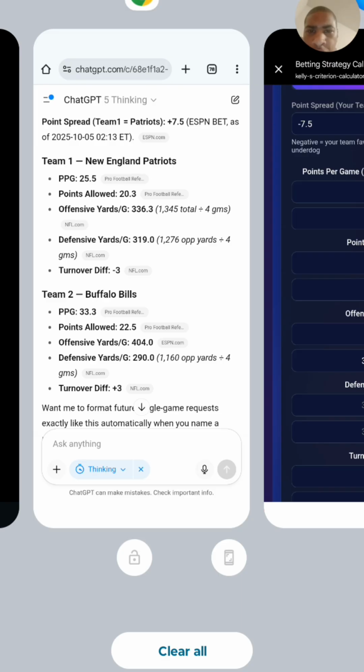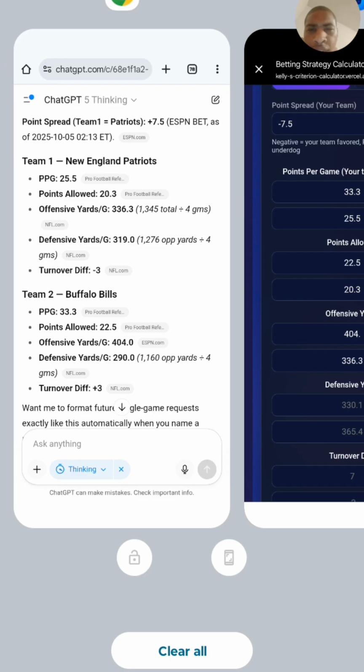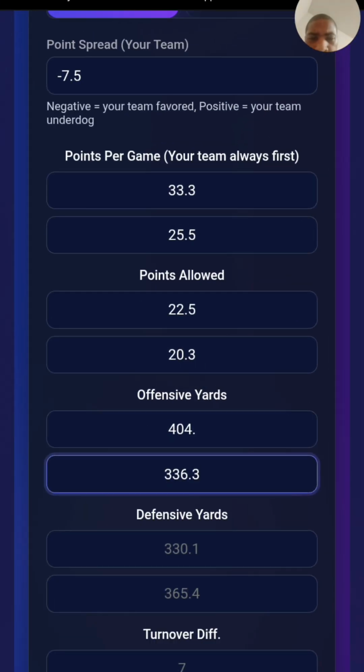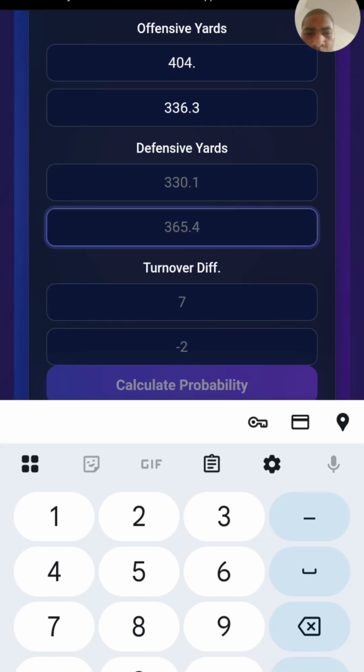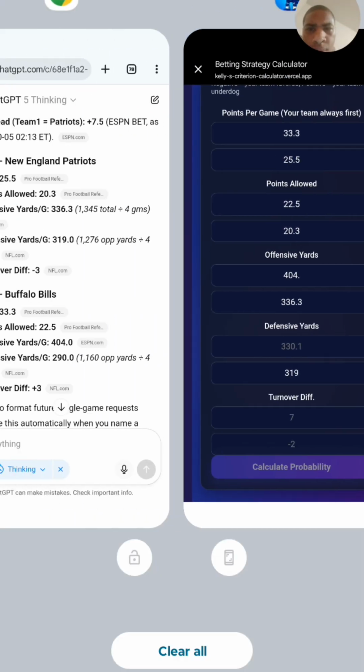And 404. Okay, that was right. And defensive yards allowed. Okay. 319, 290. Okay. 319, 290.